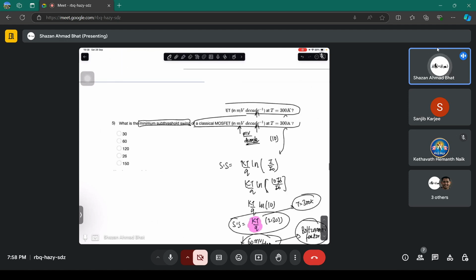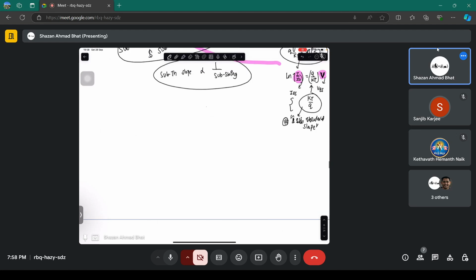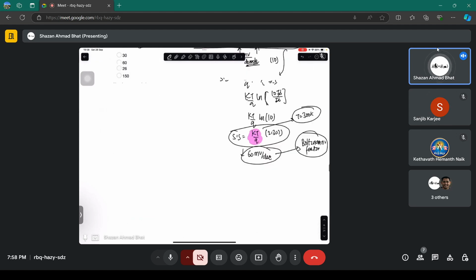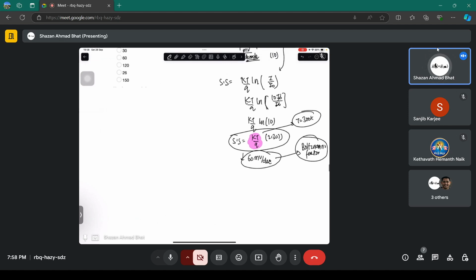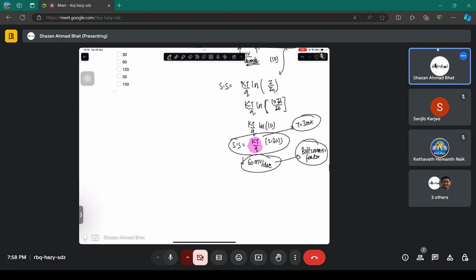And that is why I showed you this equation. The q by kT basically gives you the subthreshold slope. And you see these two are inversely proportional to each other: subthreshold slope is inversely proportional to subthreshold swing. Swing tells you how much current varies with gate voltage.